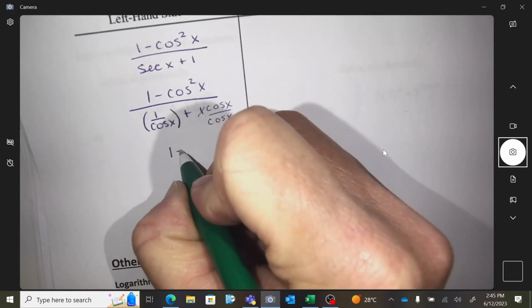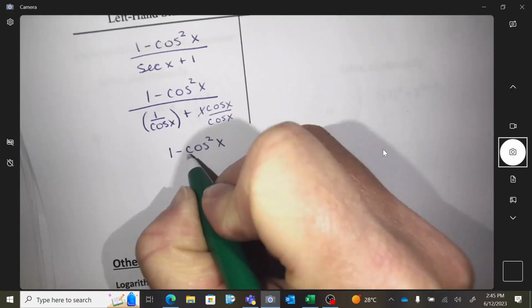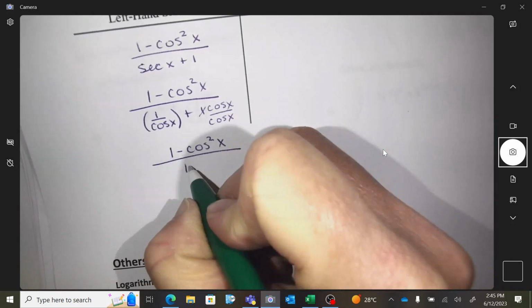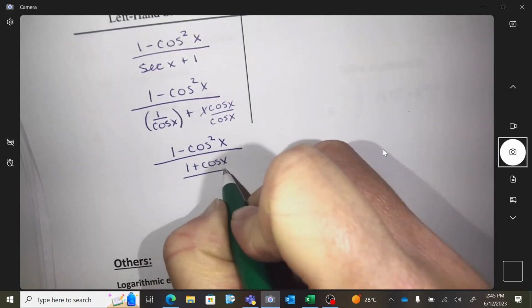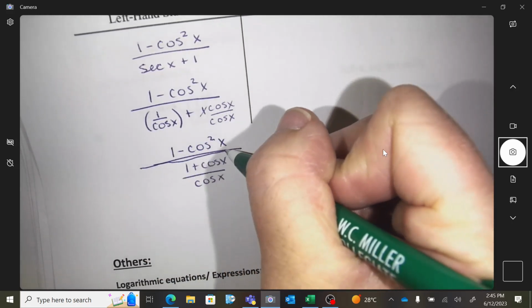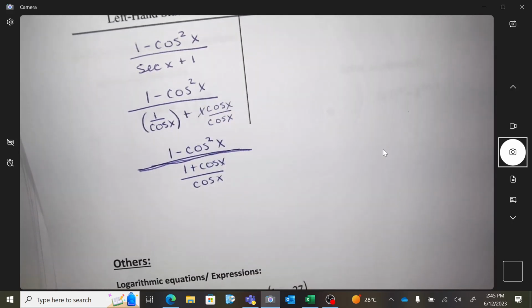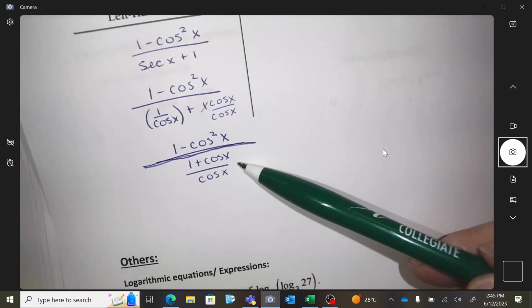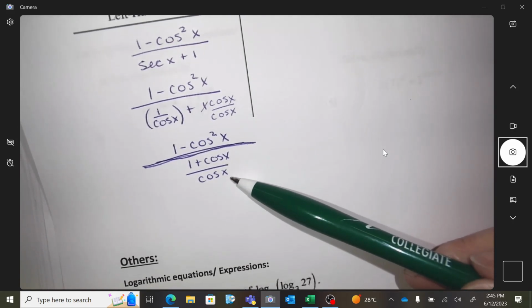So 1 minus cos squared x over 1 plus cos x all over cos x. Does that seem okay, what I did right there? 1 plus cos x together over cos x.